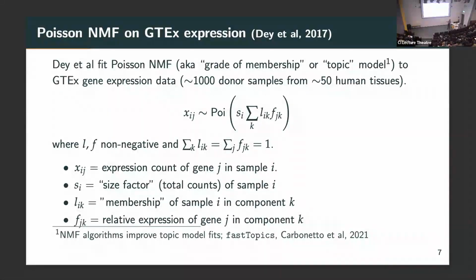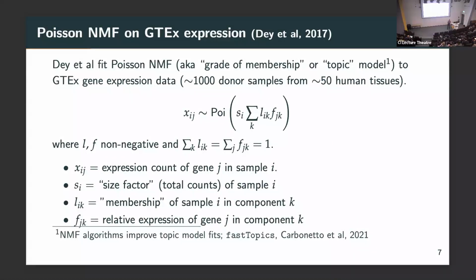The size factor here represents how many total counts we got from sample i, because some samples produced more sequences than others. You can think of that as a technical factor we want to take care of, so I've added that here. The key part is the LF transpose part. L and F are non-negative, and you can think of them in terms of interpretation.